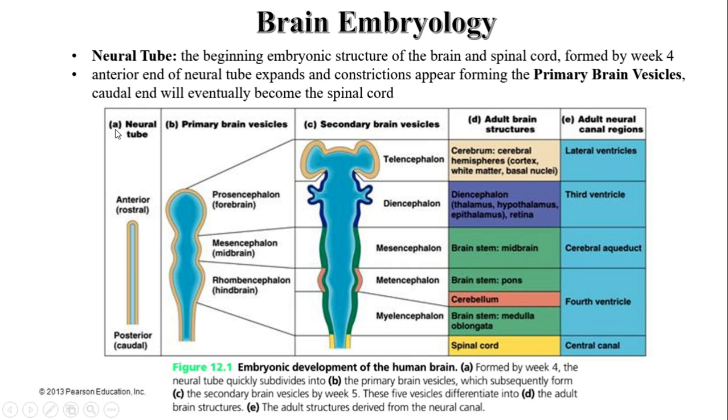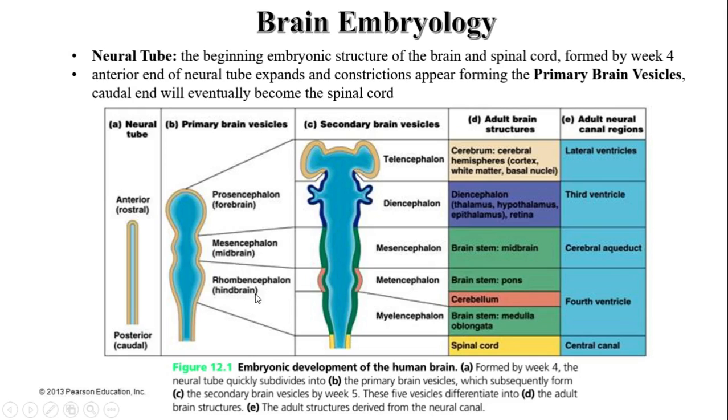This neural tube is formed by week 4. What's going to happen very quickly is it's going to enlarge in certain areas and constrict in certain areas, and then it's going to make our primary brain vesicles. We're going to have 3 of them right here, and this happened very quickly, still basically within week 4.